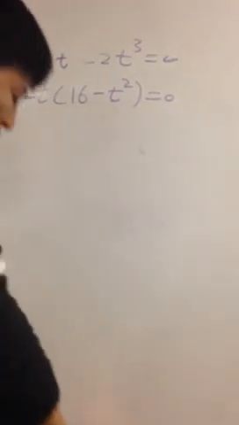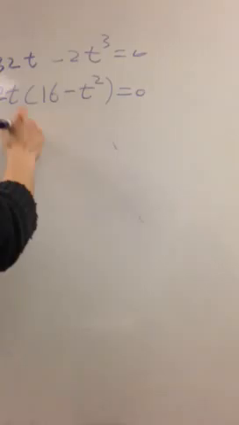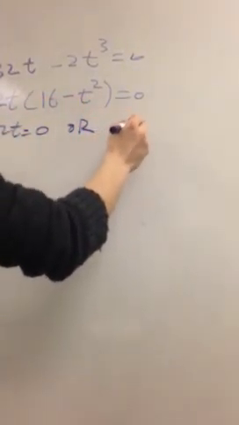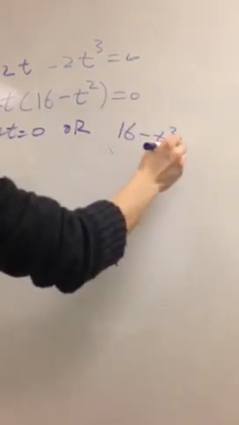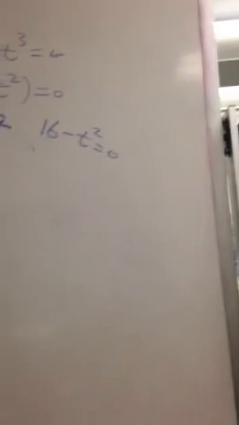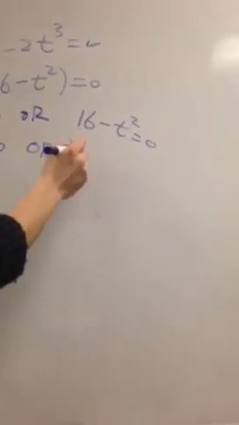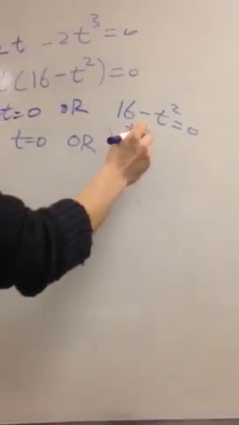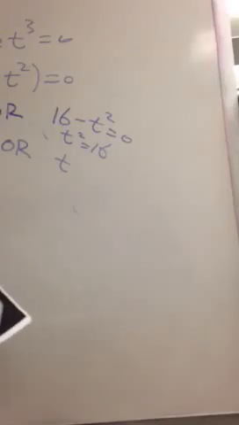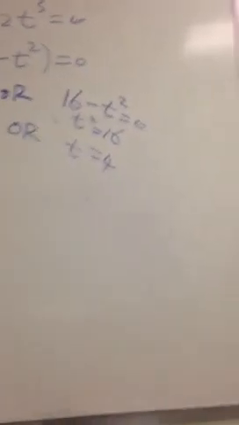If this is 0, either 2t is 0 or 16 minus t squared is 0. So t is 0 or t squared is 16. Given t is positive, t is the square root, 4. Okay, I got it.